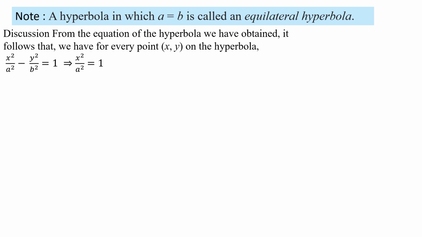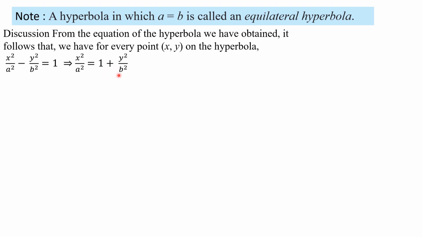Here we have taken the standard equation of the hyperbola. From this equation, by transferring the second term to the RHS, what will we get? x square by a square is equal to 1 plus y square by b square. Understood this statement, children?